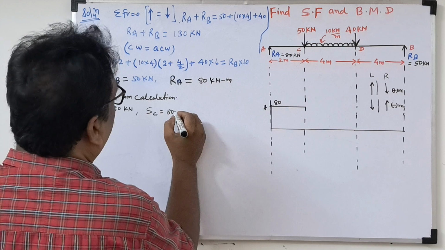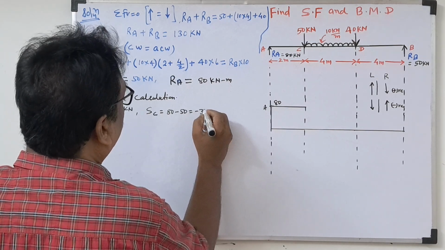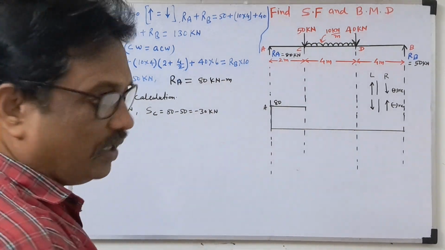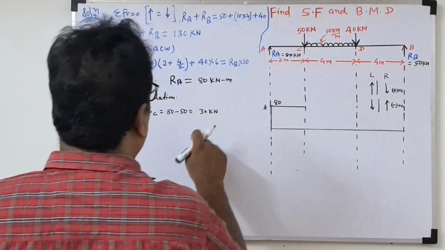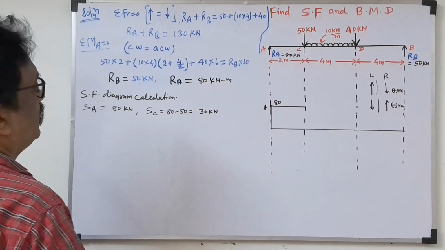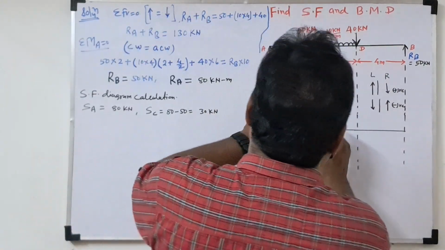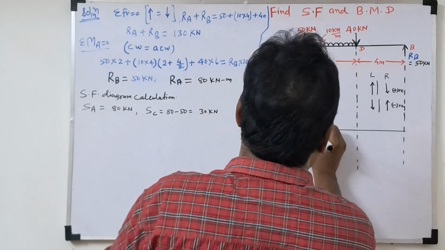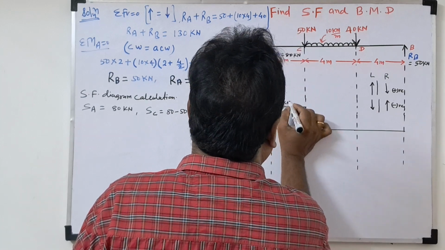So 80 minus 50 is equal to 30 kilonewton. So if we draw, this comes down from 80 to 30 kilonewton.